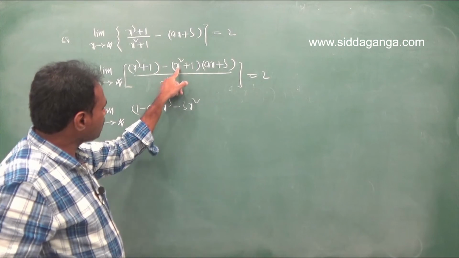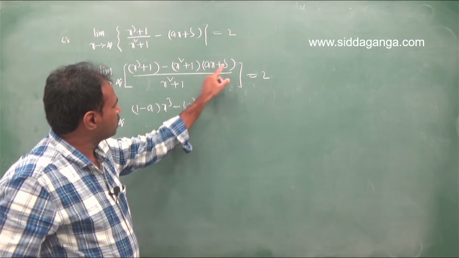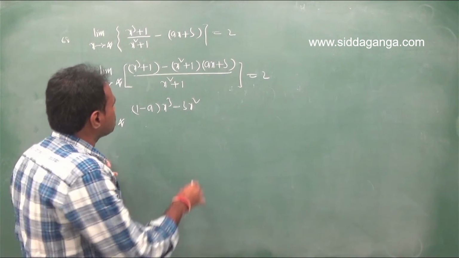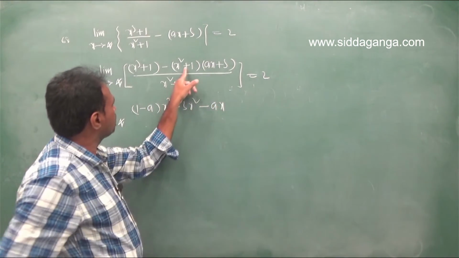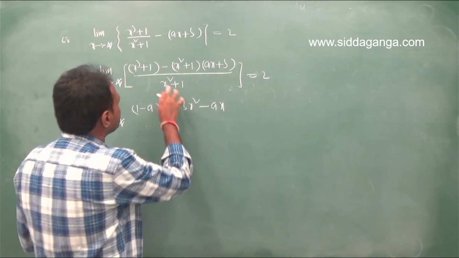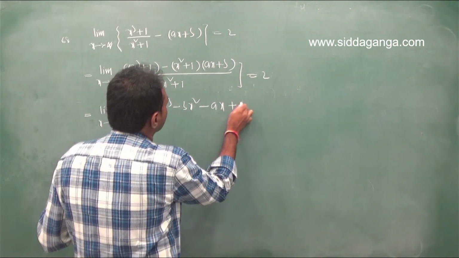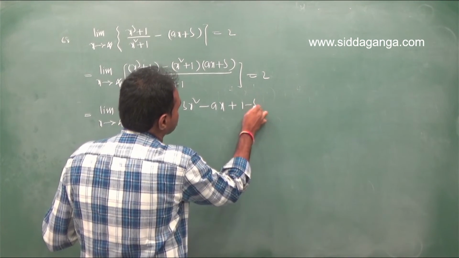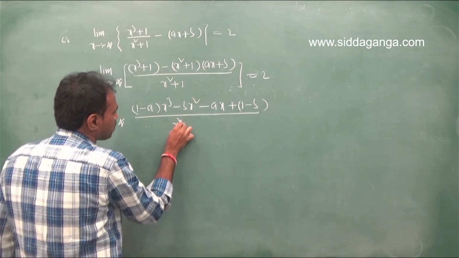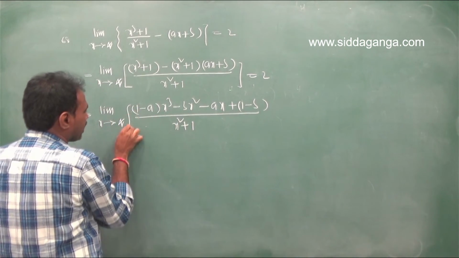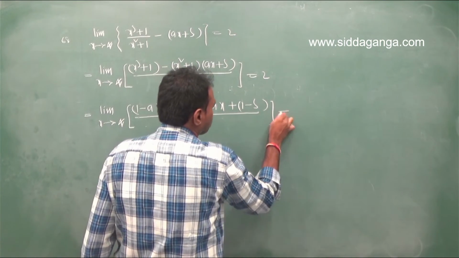Next the x square and x term, minus a into x, minus ax, next plus 1 minus b, divided by x square plus 1, it is equal to 2.